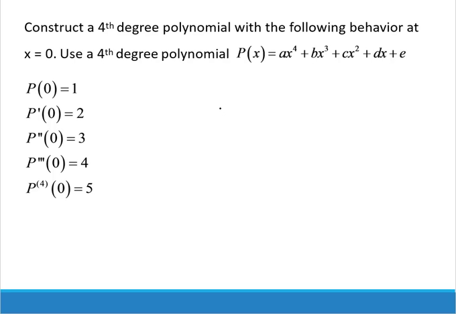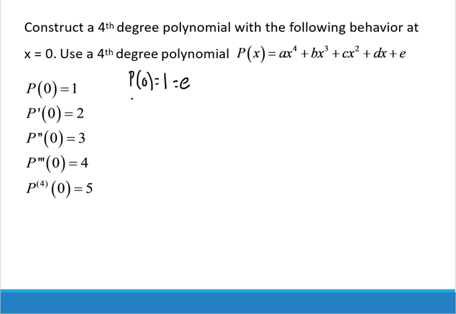Construct a fourth degree polynomial with the following end behavior. Use the fourth degree polynomial. If I know p of 0 equals 1, and I plug in 0, all those terms go to 0, so that gets me e is 1.